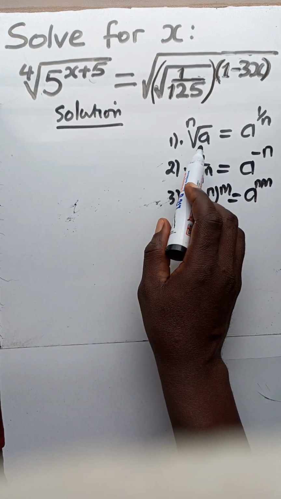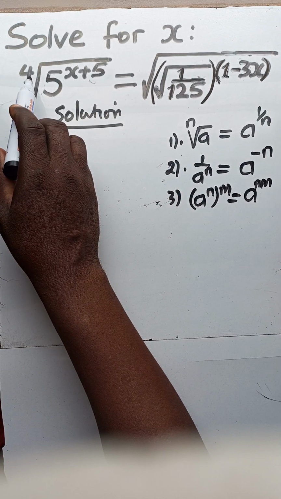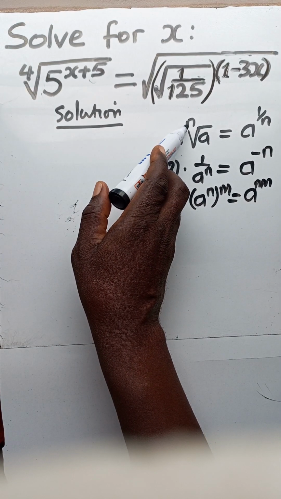Okay, we have to apply the first law here. We have the fourth root, so our n is 4.